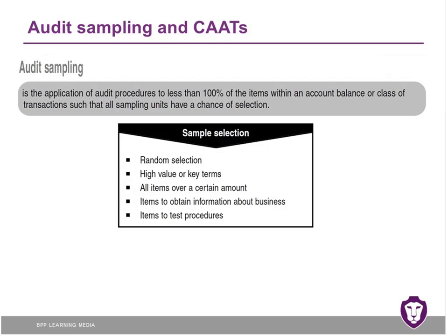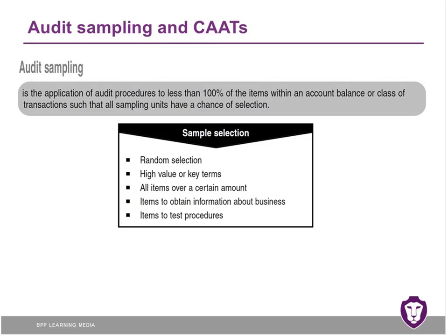Auditors do lots of sampling. You don't have to know all of the sampling types. There's lots of sampling types. The reason they do sampling is because you can't test 100% of all of the items. It's impossible. So they often take a sample, let's say a class of transactions, and they use different methods of sampling. Sometimes they do random selection.